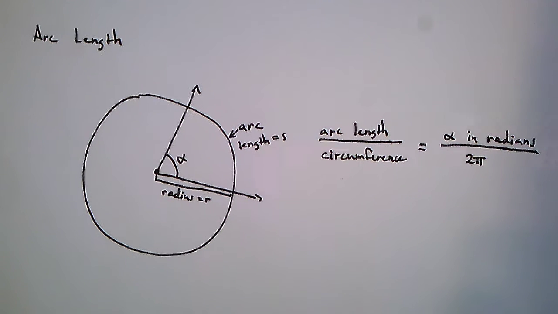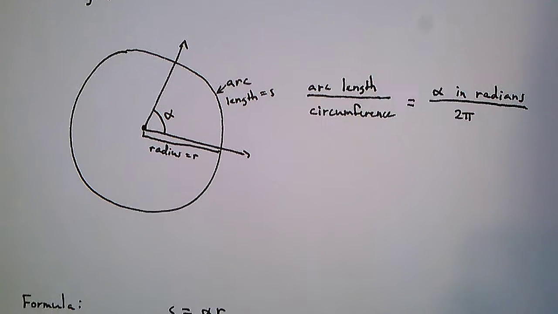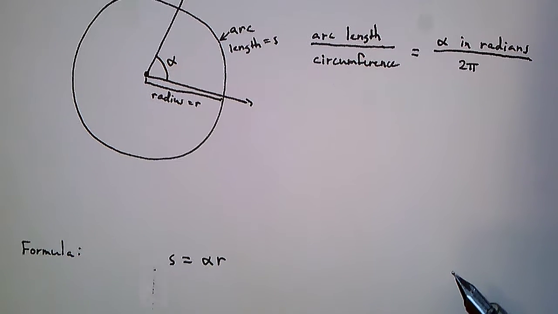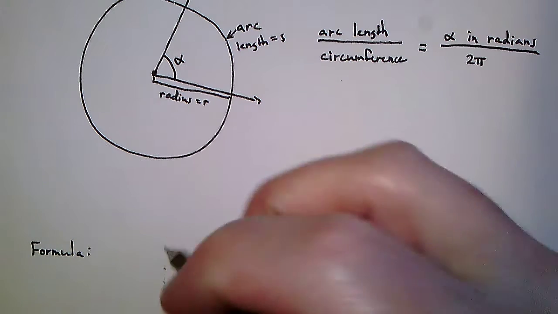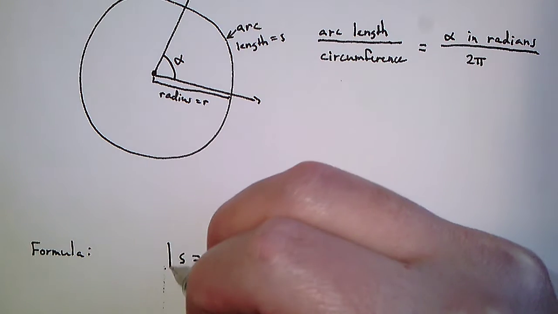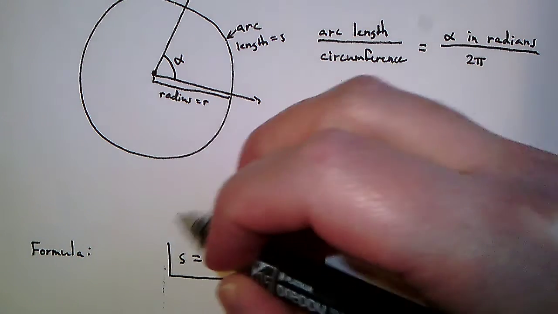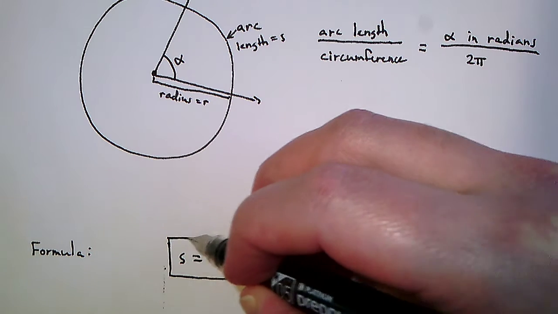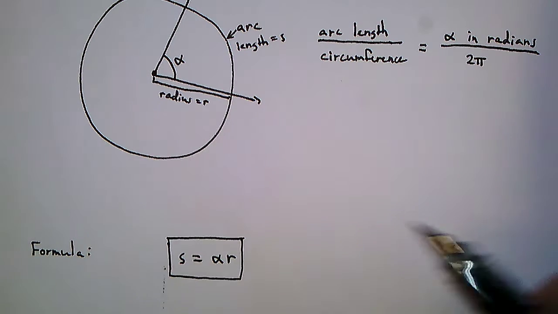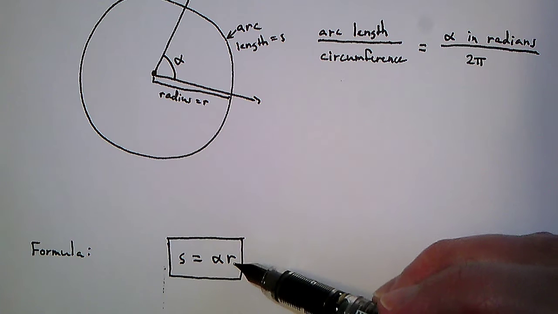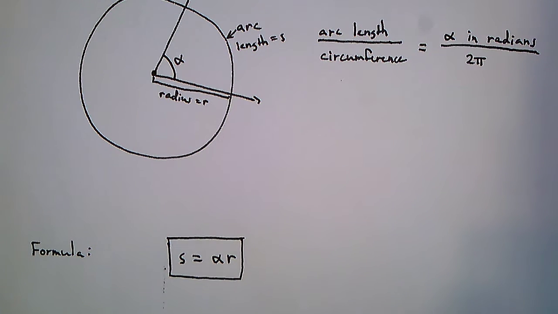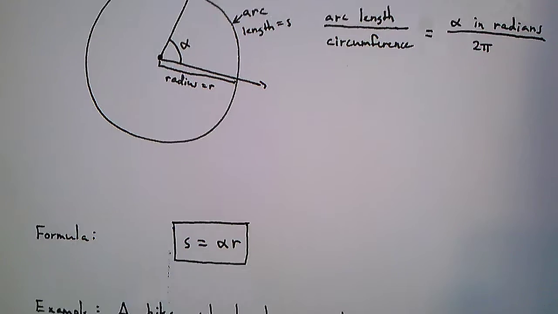And if you spend a few minutes working through the math, or you can take a look at your textbook to see the details, this leads to a simple formula for the arc length corresponding to the angle alpha. We just have to get the angle measured in radians and multiply by the radius of the circle. So let's give this a quick try with an example.